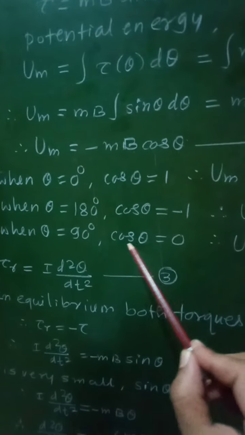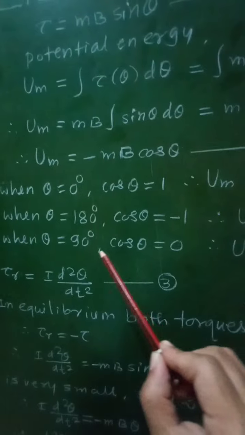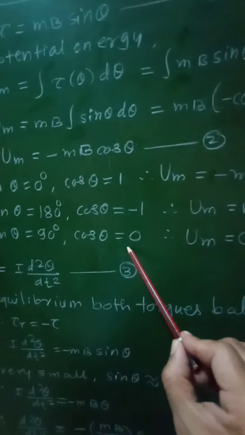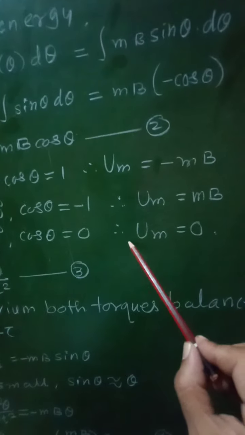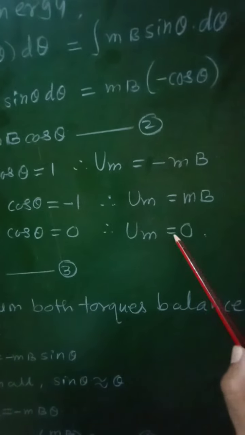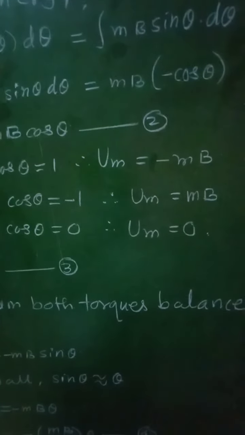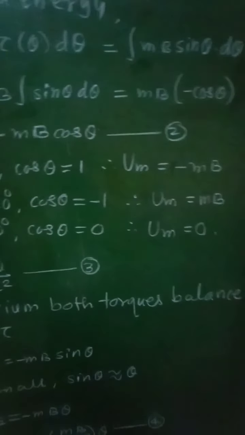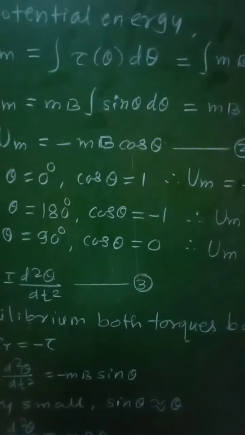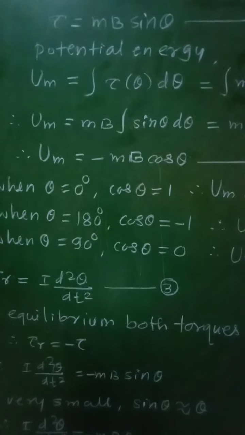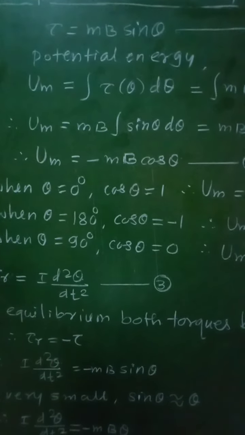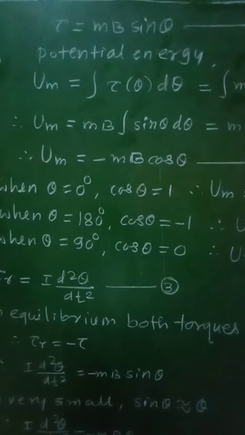Then cos theta, that is cos 90, will be equal to 0, and the magnetic potential energy will be equal to 0. So for this third position we can say that this is the position when the bar magnet is aligned perpendicular to the direction of the magnetic field.